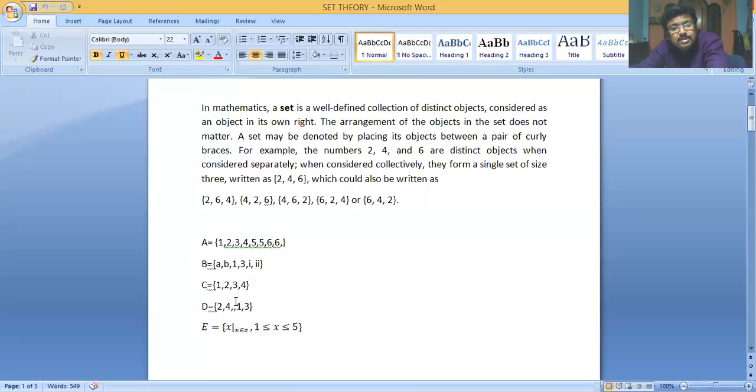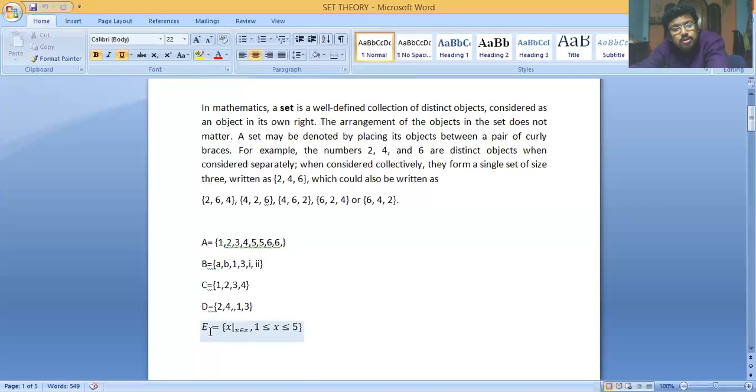But in C and D, the arrangement is different. Here the arrangement is different, so this is the same set, C and D. Order does not matter here. And look, E is also a set, because X belongs to the set, X represents a number, and X is less than or equal to 5 and greater than or equal to 1.